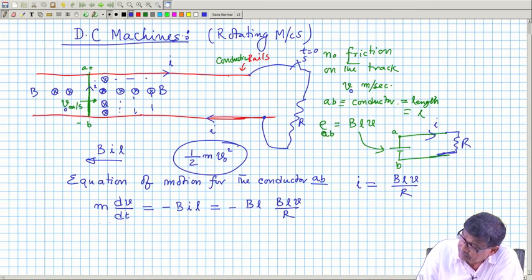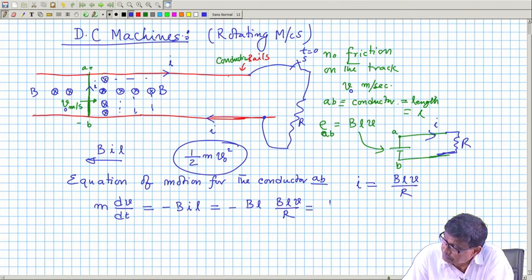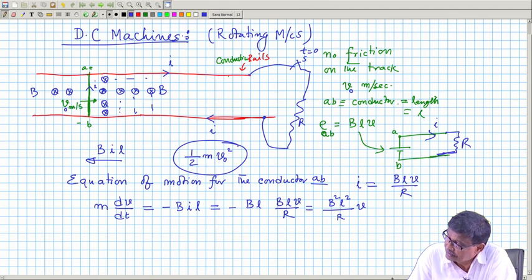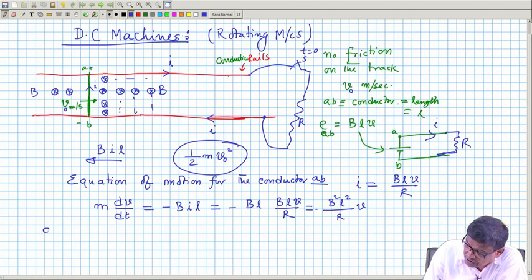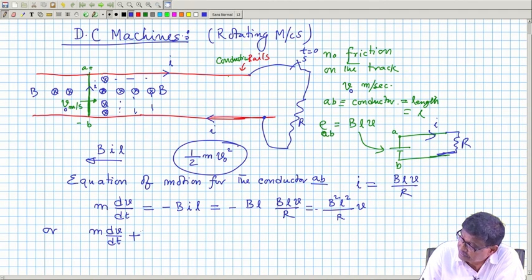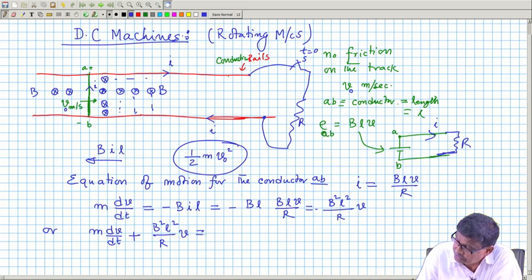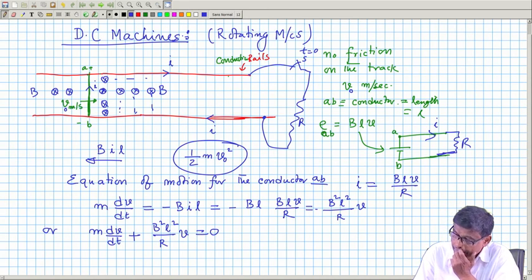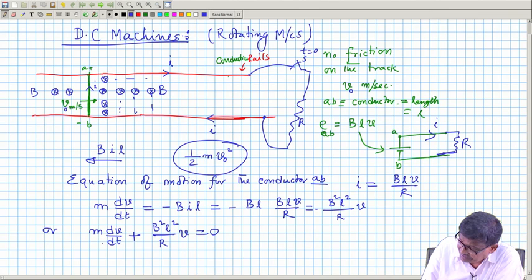So it will become equal to minus B square L square by R into V, or I can write m dv/dt plus B square L square by R into V is equal to 0, and then divide both sides by m.